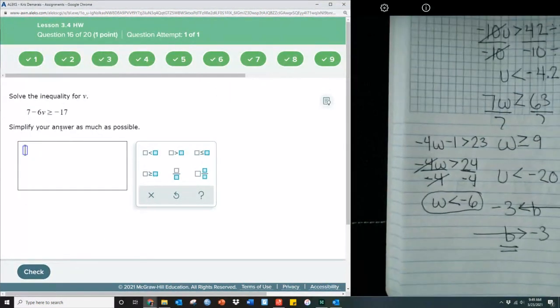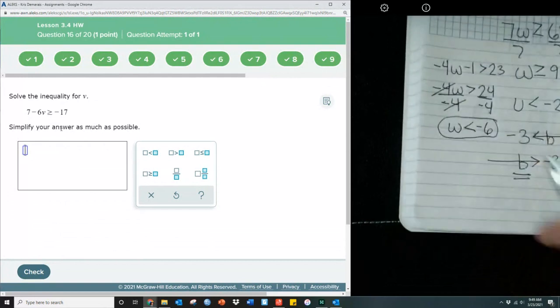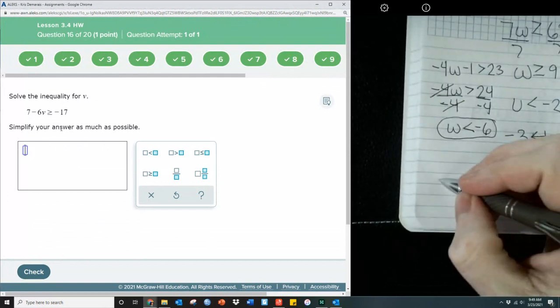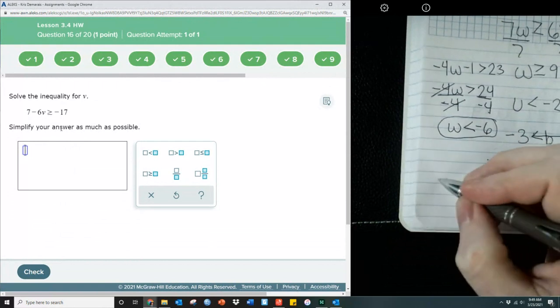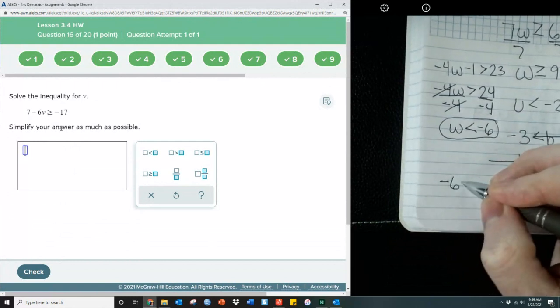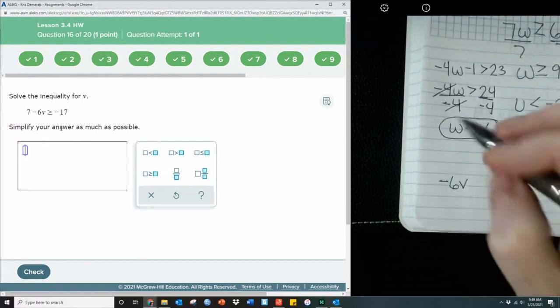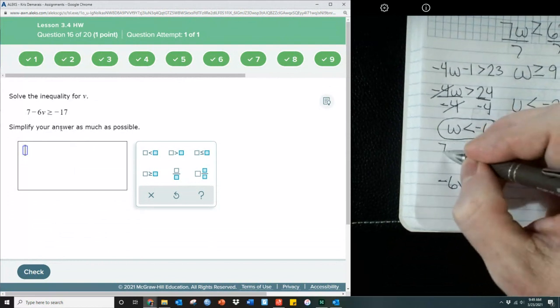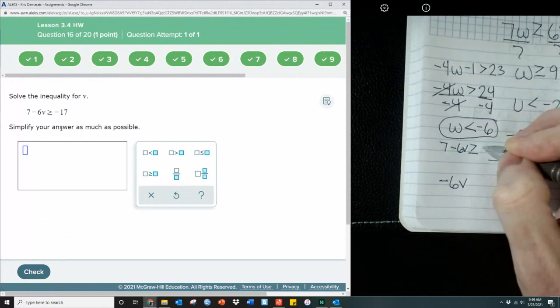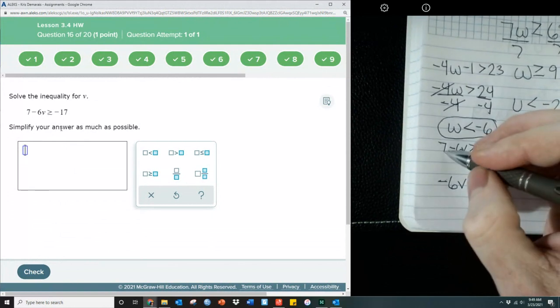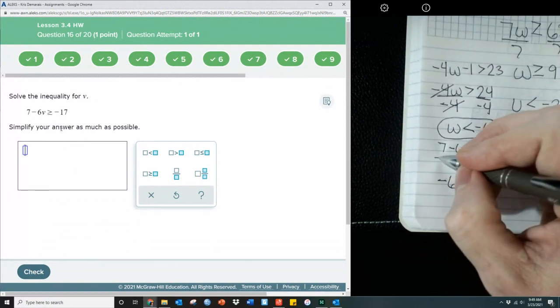All right, and we continue this little charade. So we're going to subtract 7 from both sides. Now notice how there was a 7 and -6. It was this way, right? And I said, let's subtract 7 from both sides.